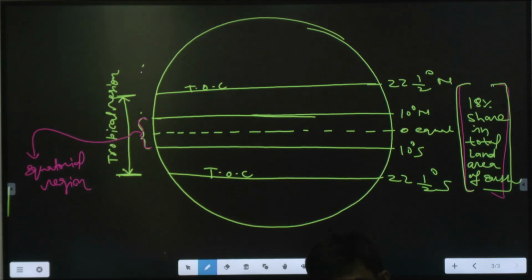60% of Earth's biodiversity is concentrated within these 17 mega diverse countries.